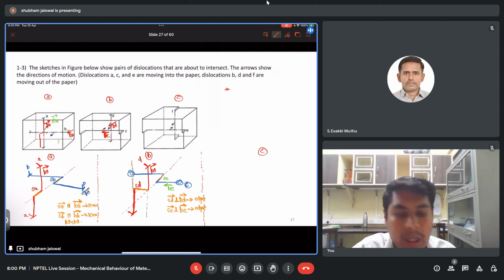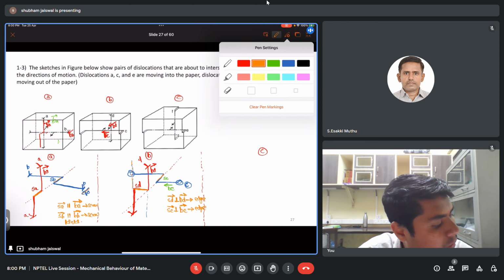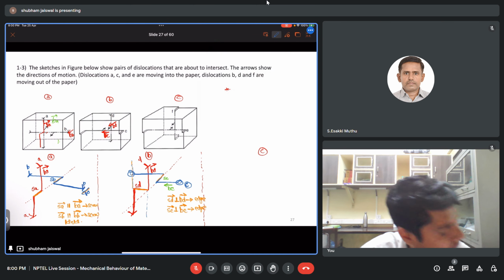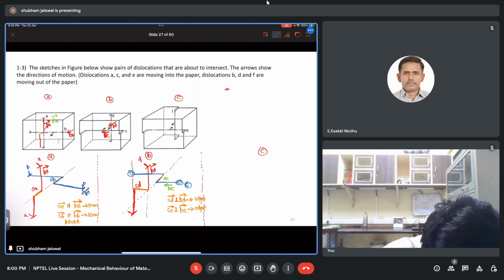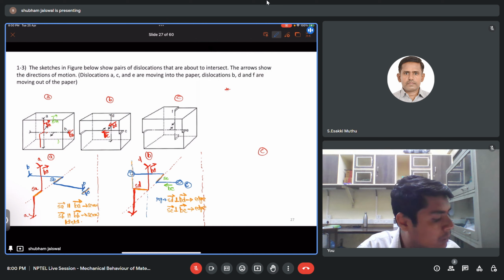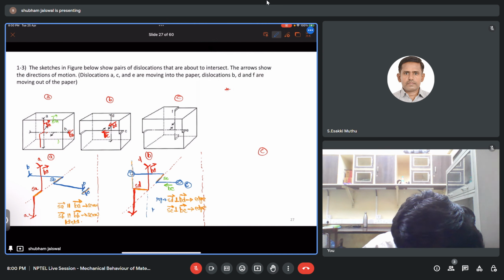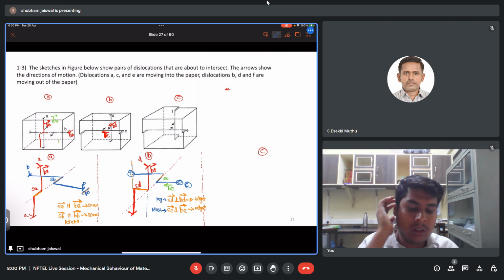So this SD is nothing but a jog. Okay, and similarly see the glide plane remains the same. It means this step is nothing but a kink.